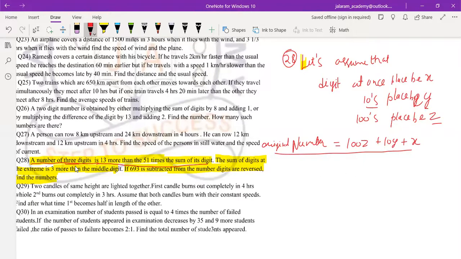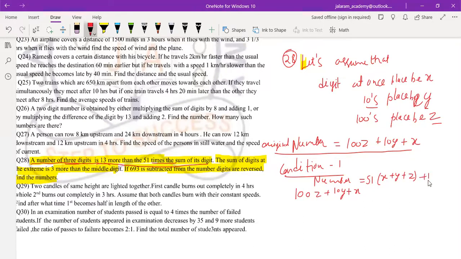Now read the first condition and use it to solve the question. A number of 3 digits means this number 100z plus 10y plus x is equal to 13 more than 51 times the sum of its digits. So the sum of digits is x plus y plus z, and 51 times the sum of digits means 51 into (x plus y plus z).